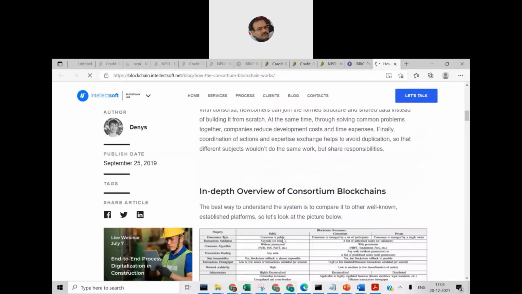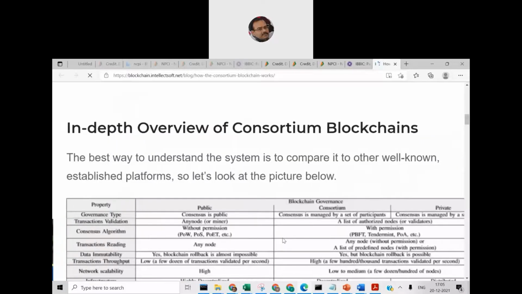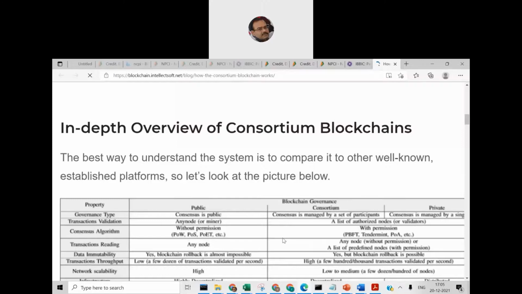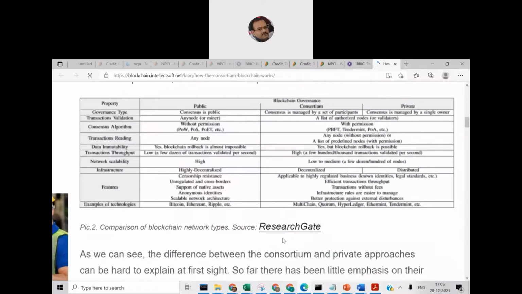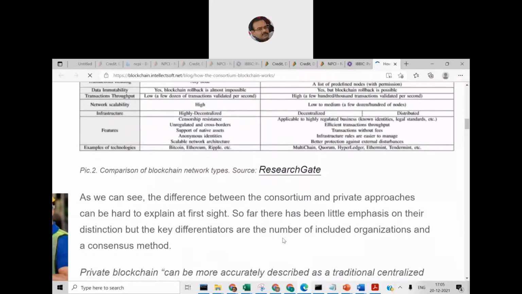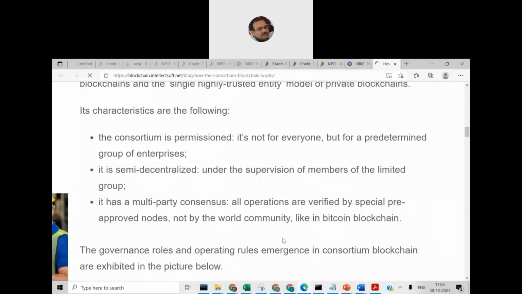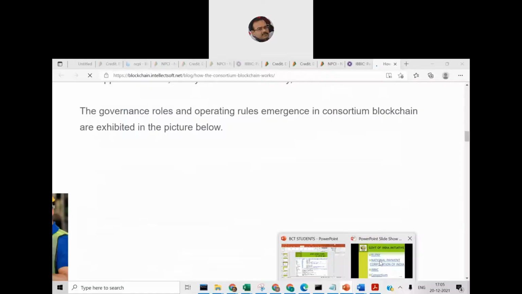Like we have a public blockchain, private blockchain, if you look here: public blockchain, consortium blockchain, and the private blockchain. We'll discuss these things in a big way in a later part of the subject. These companies together have now come to manage all these different kinds of blockchains, public, private, and the hybrid kind of blockchain. So we'll discuss that separately because that's an important part.